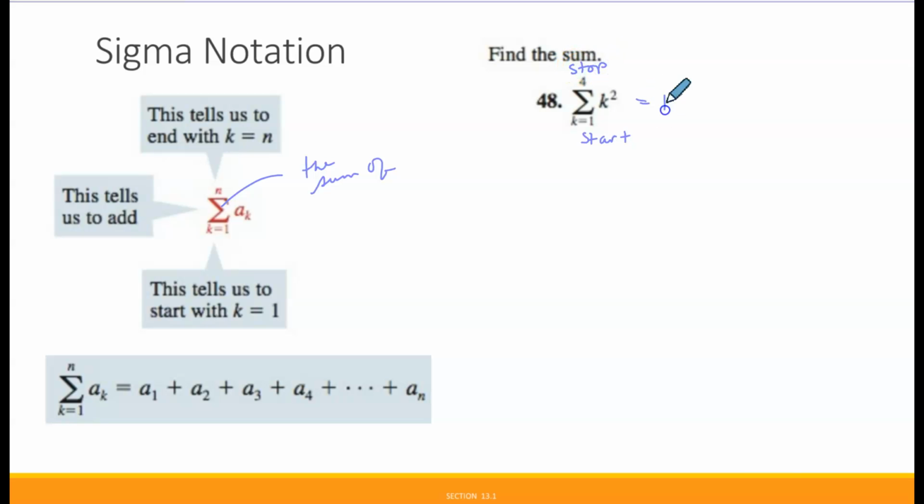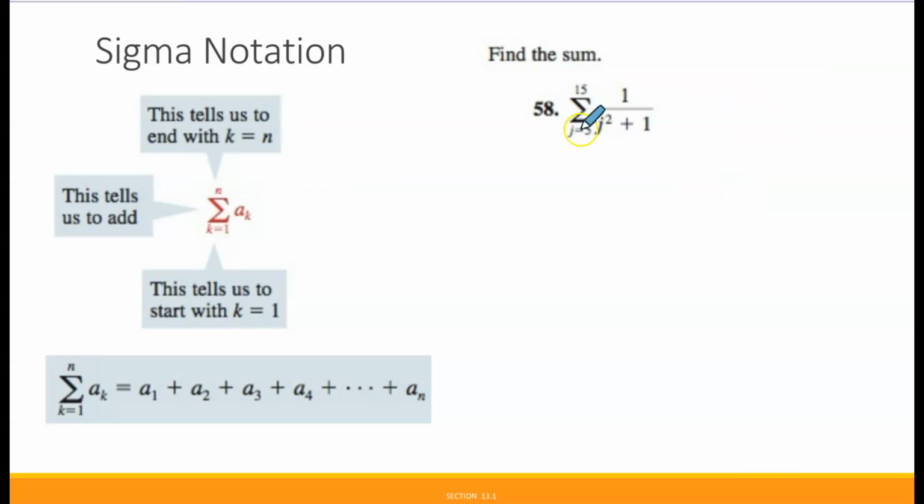So we have 1 squared plus 2 squared plus 3 squared plus 4 squared. That's going to be 1, 4, 9, 16. Adding all those together, 10, 21 plus 4 will give us a 25. So this is the sum of k squared, k starting from 1 to 4.